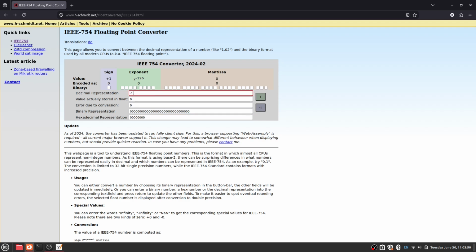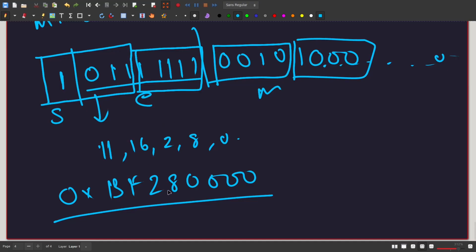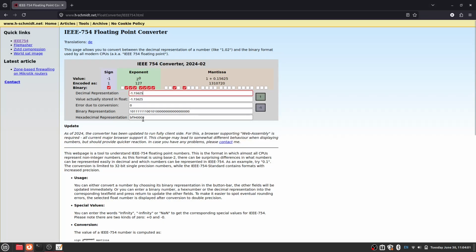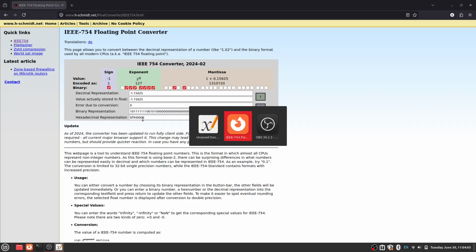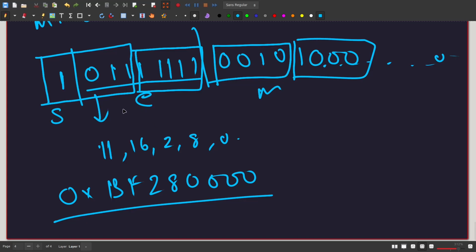So minus 1.15625. So BF94, and then you have a lot of zeros. BF9, whoopsie. B15625. BF94. Did I make a mistake in adding it?